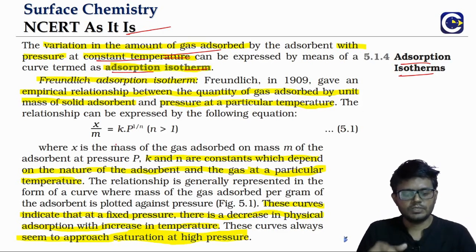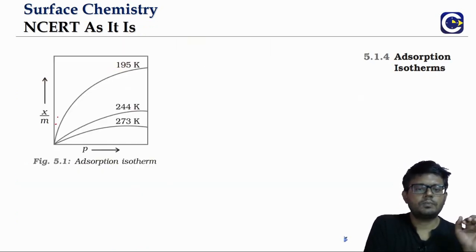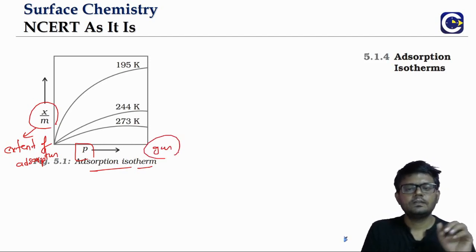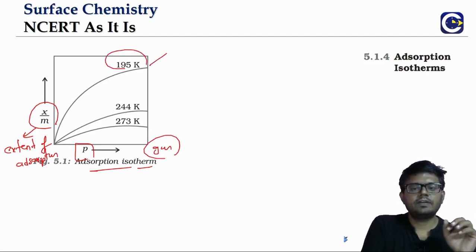So what is an adsorption isotherm? I'll just show it to you. If you are plotting the extent of adsorption with the pressure of the gas, this is the graph at 195 Kelvin, 244 and 273.